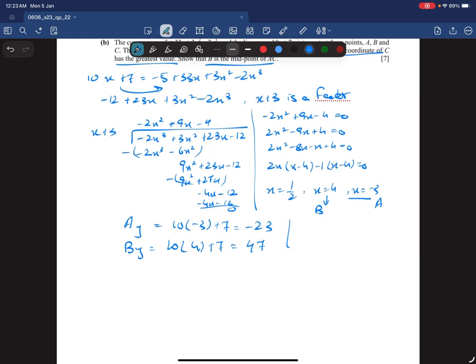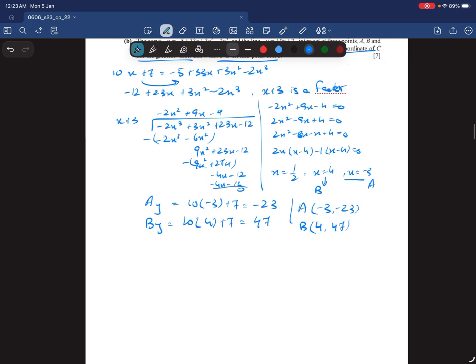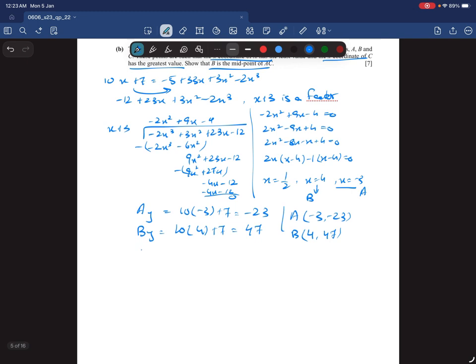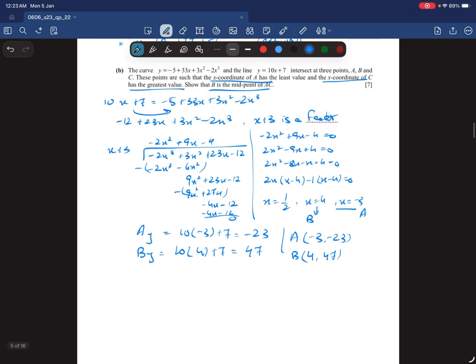Okay, so A is minus 3, minus 23, C is 4, 47. Now the midpoint of this would be, my bad, this is for C, my bad, yeah, C. Alright, for B's y coordinate, that would be 10 into 1 upon 2 plus 7, which is equal to 5 plus 7, which is 12.